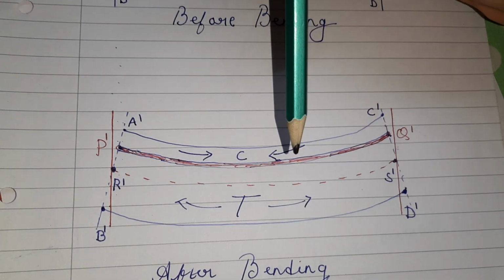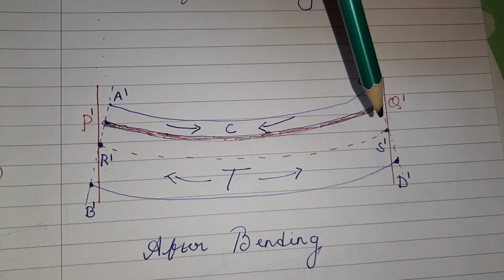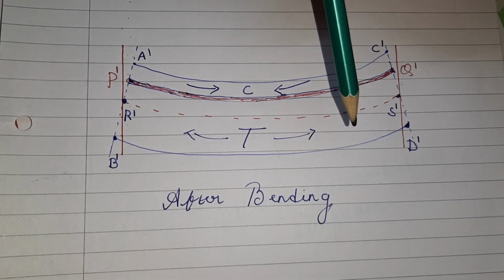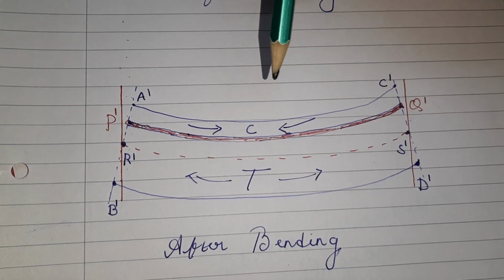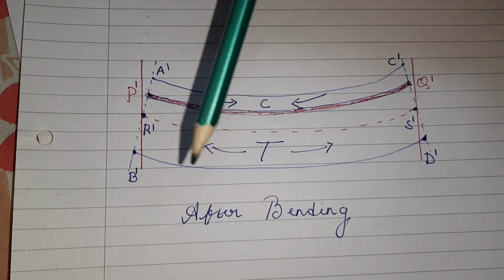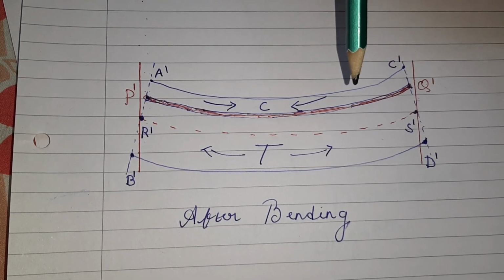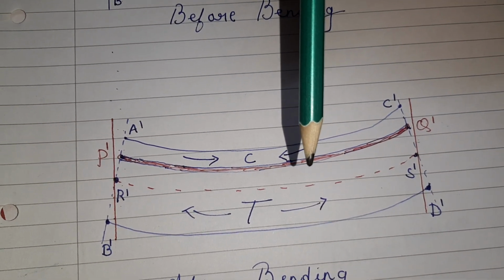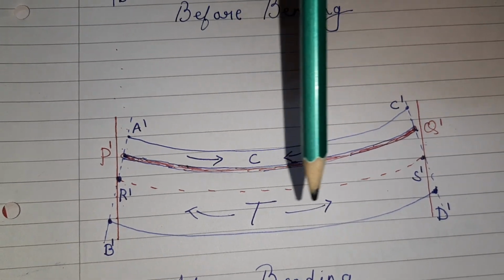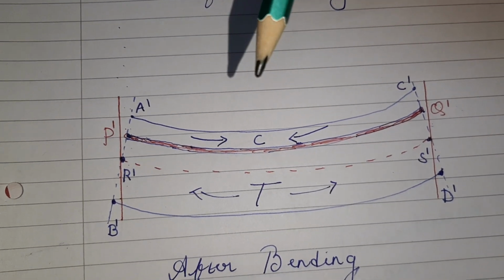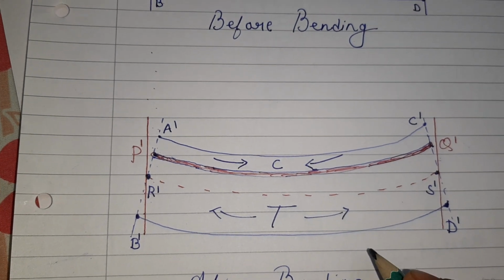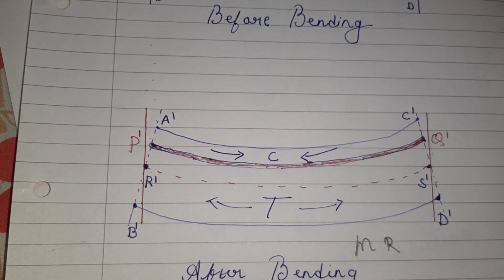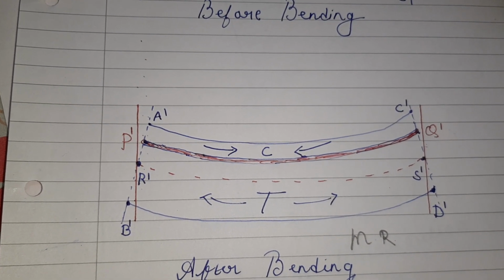That is, an equal amount of compression above the neutral axis and an equal amount of tension below the neutral axis. If you combine both these, it has the effect of a couple. That is, internally a couple is developed, and the external bending moment will try to exert its influence on this particular section. So there is a term known as moment of resistance. That is, moment of resistance will be developed by this beam.